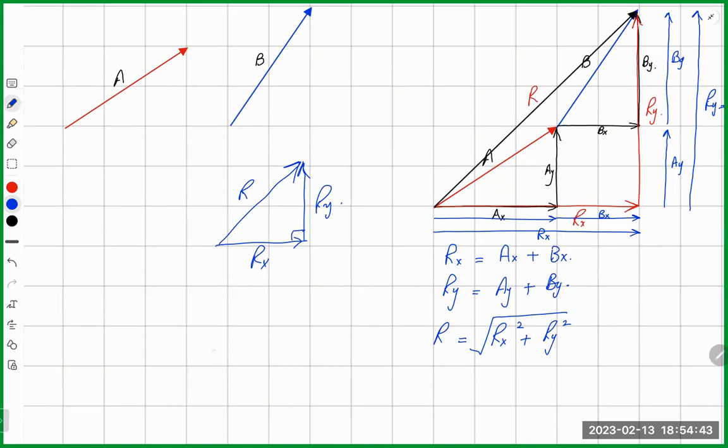The Pythagorean theorem comes in, which says the resultant square equals resultant X square plus Y square. So if we take the square root on both sides, we can cancel the square root and square on one side. So the resultant will be equal to the square root of the resultant's x component square plus the resultant's y component square.